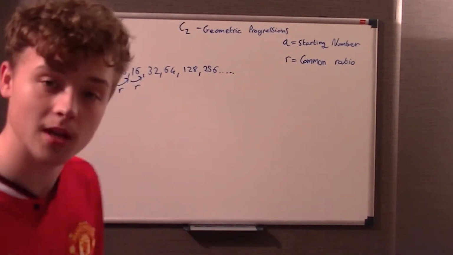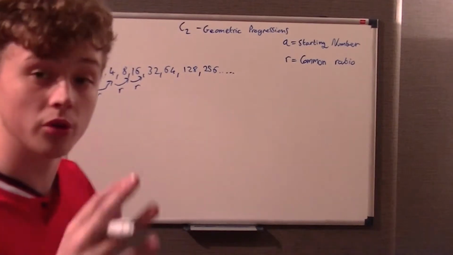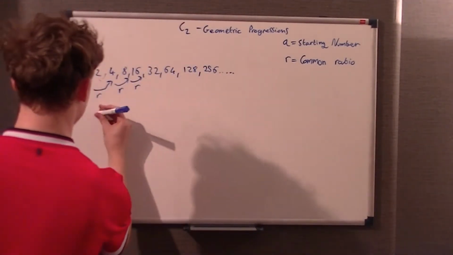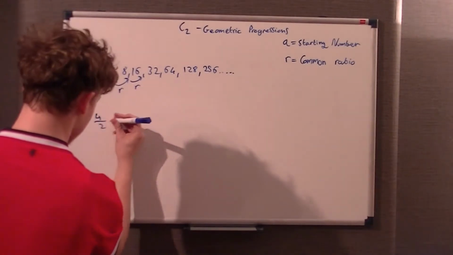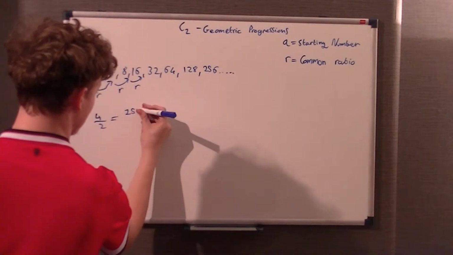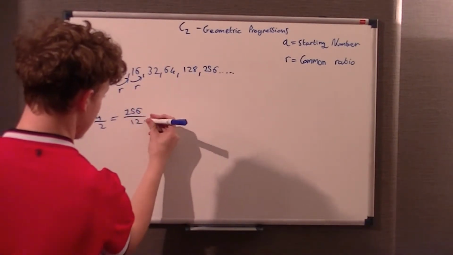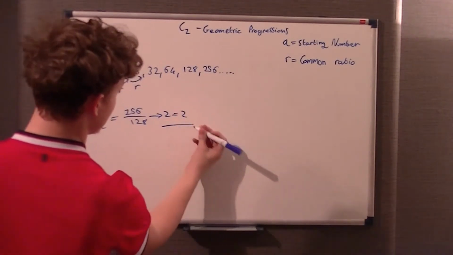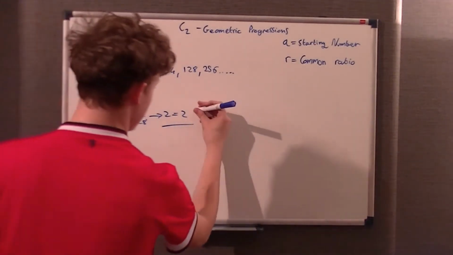So the way to find R is to divide the next number in the sequence by the previous number. So 4 over 2 should be equal to 256 over 128, which it is, giving 2 equals 2. So that shows us the common ratio is 2.